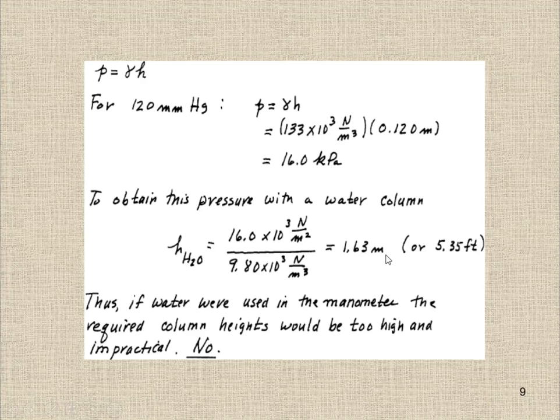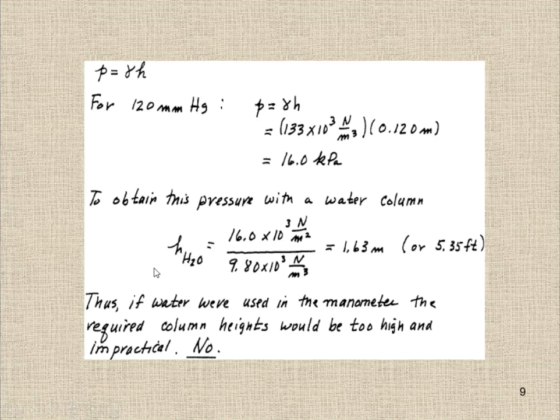Normally you see the pressure measuring device is almost 15 to 20 centimeter long, or 25 centimeter long, but here the height of the column we needed for this pressure is 1.63 meter, almost 2 meter. So how is it possible to carry such a big device?